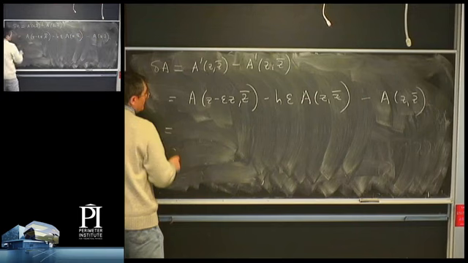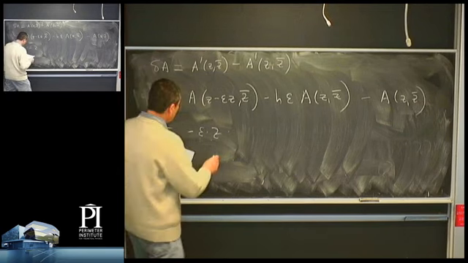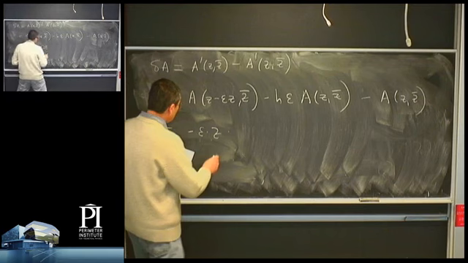So to leading order in epsilon, I will have minus epsilon times z times del A at 0, and then I have minus epsilon times h.